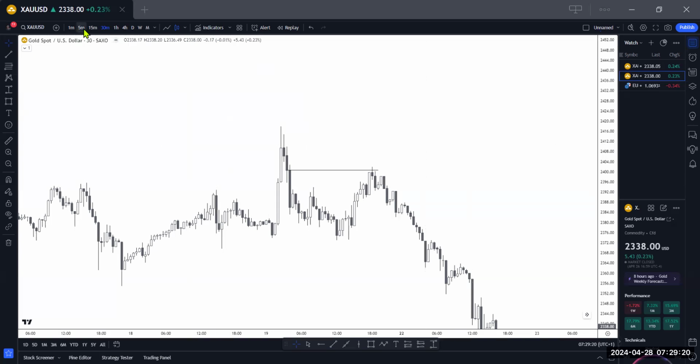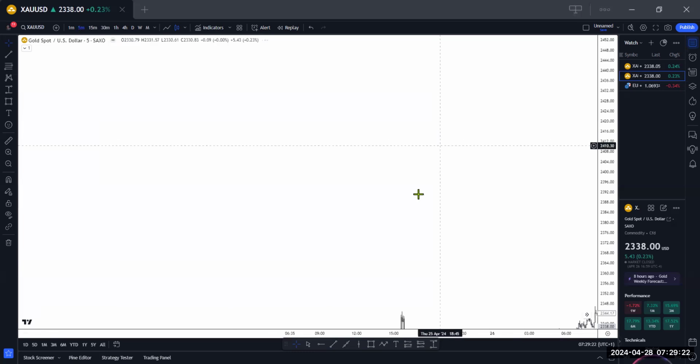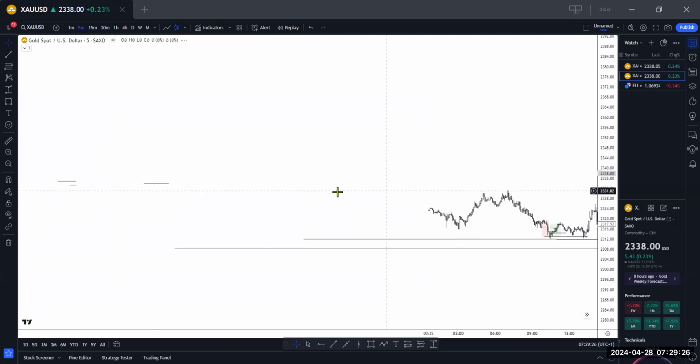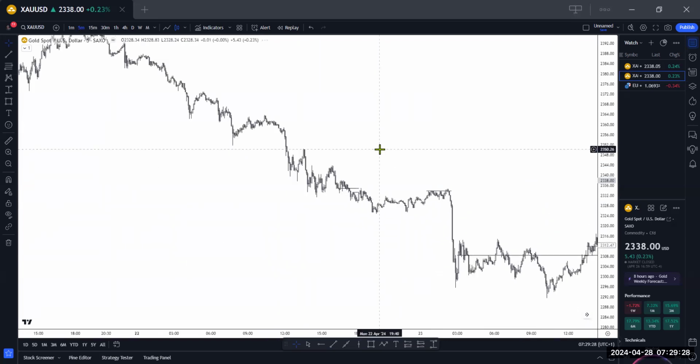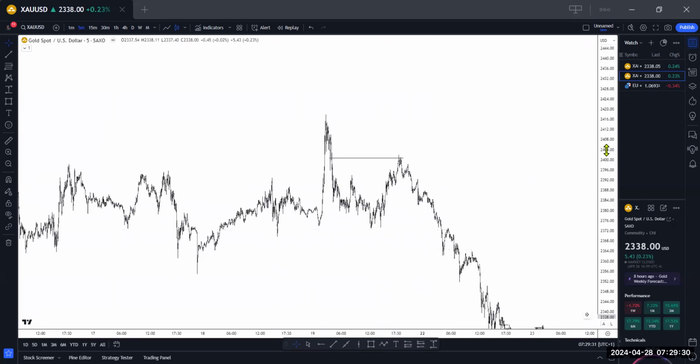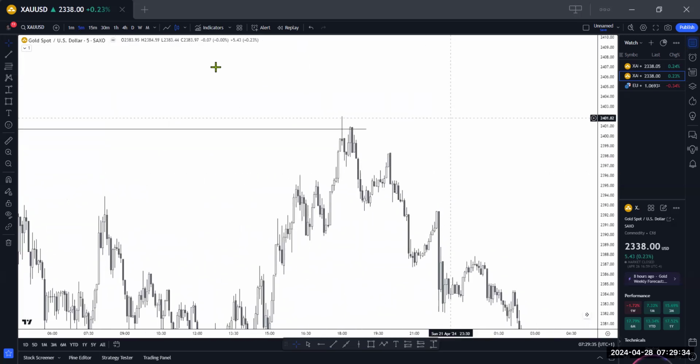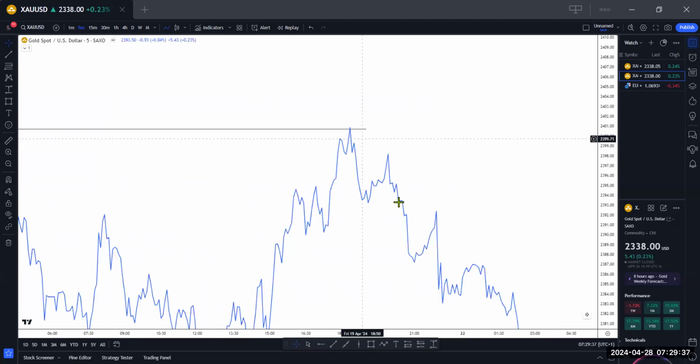So I'll go to M5. Two-time breakout, right? First breakout, I'm going to use the sell side: first breakout from the sell side, second breakout from the sell side.